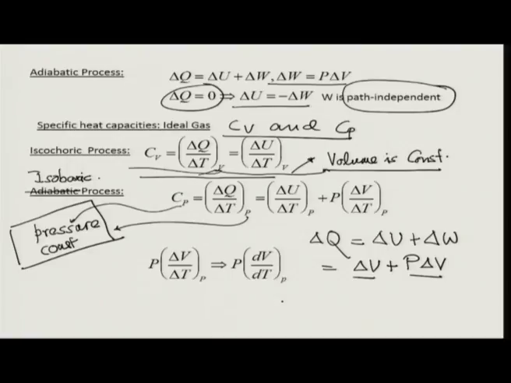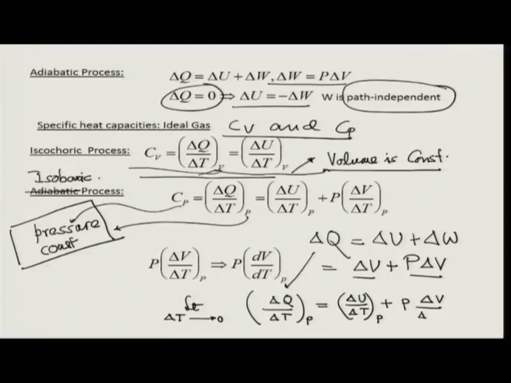So, if I use this, pressure is kept constant, I want to take this derivative, pressure constant, and limit dT tending to 0. Since pressure is constant, the first piece will come from internal energy, and then pressure is coming out, it is a constant, it is an isobaric process. So, delta V by delta T holding pressure constant.